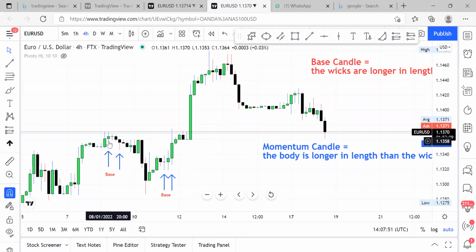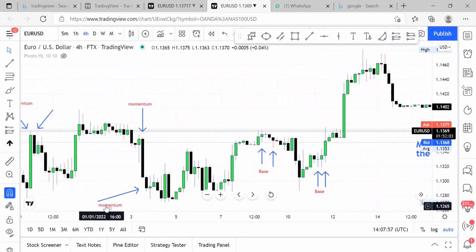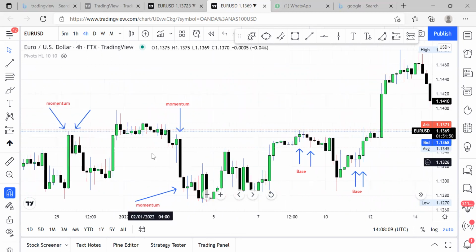And as we look here, we've got momentum candles, with a big body and the wicks in total shorter than the length of the body. We've got a massive momentum candle, and a range of momentum candles.